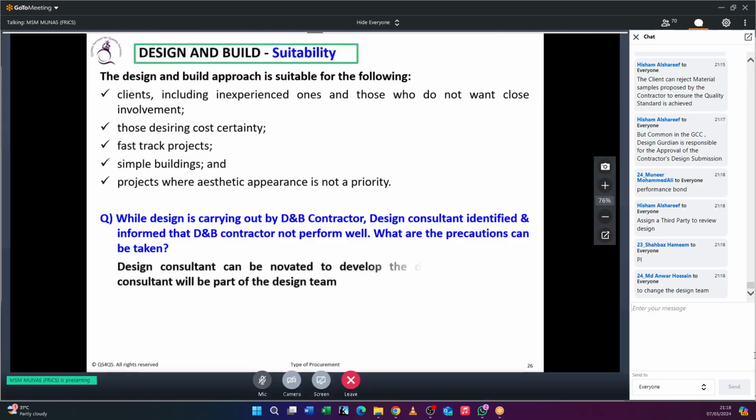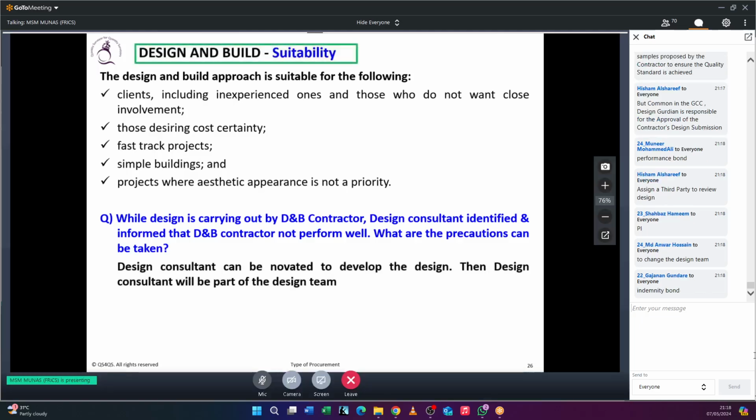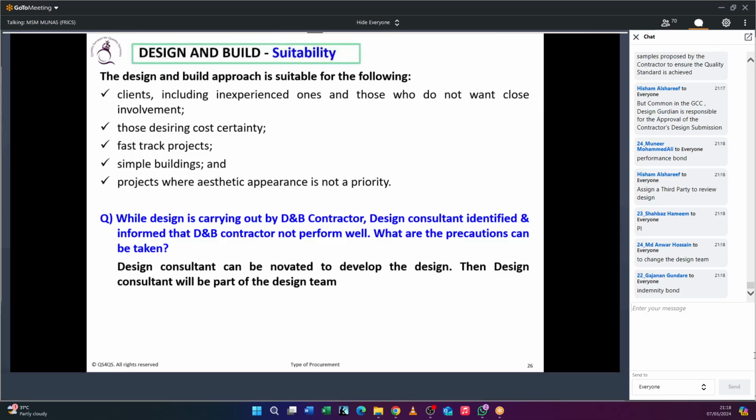Yes, but you can do a novation, isn't it? But the contractor may resist novating. But if you are novating your design team under the contractor, then it will automatically rectify. Otherwise, you have to appoint a special team to monitor, or the existing team keeps on evaluating the contractor's design development to give their feedback. So that's the way.